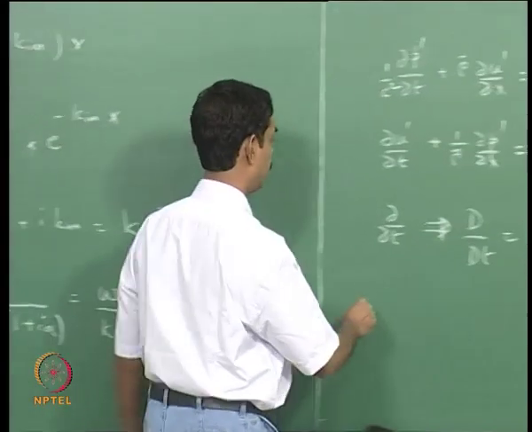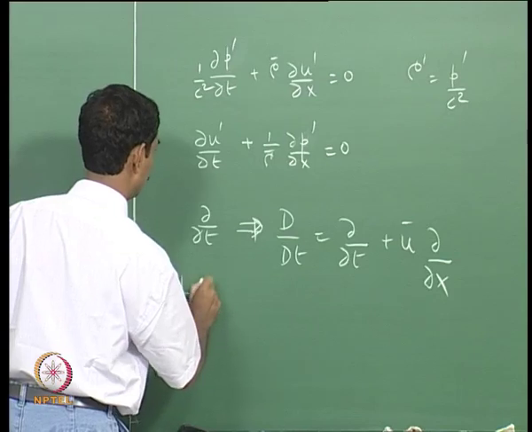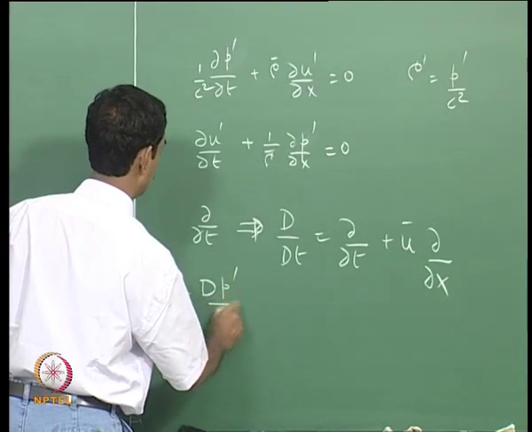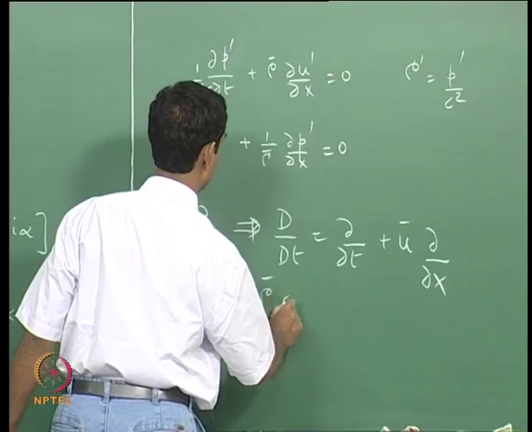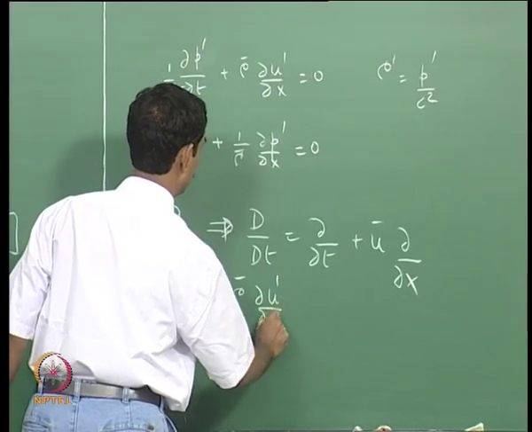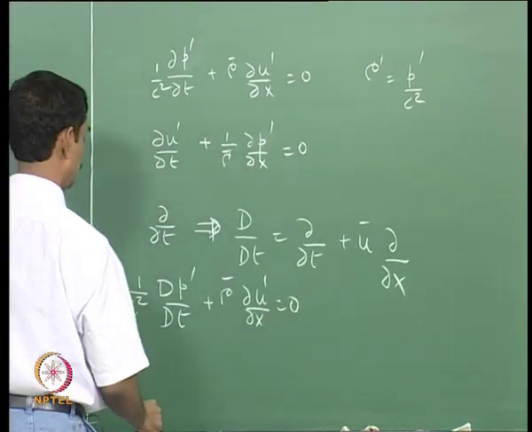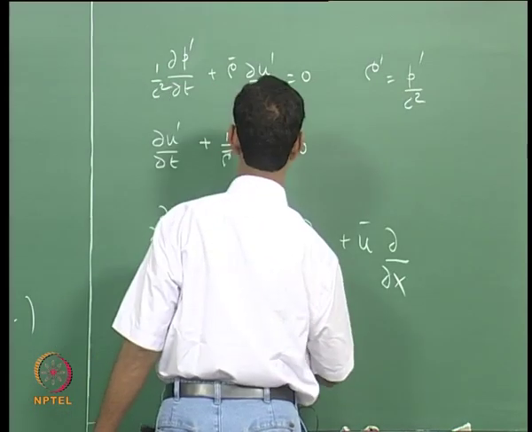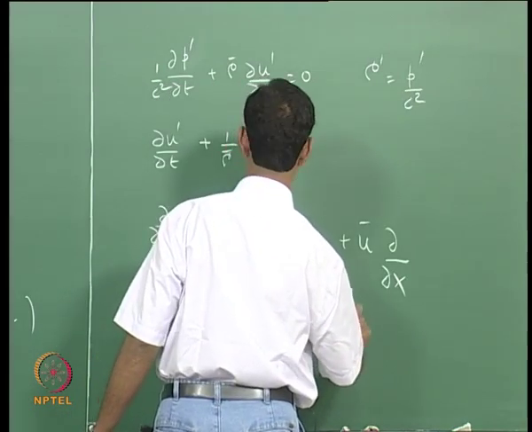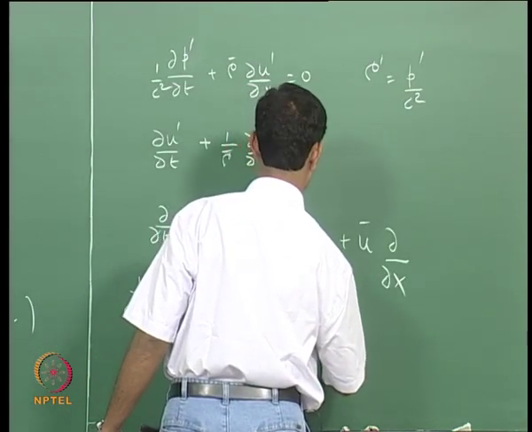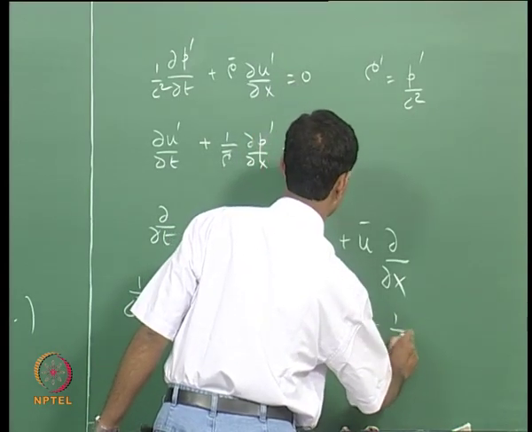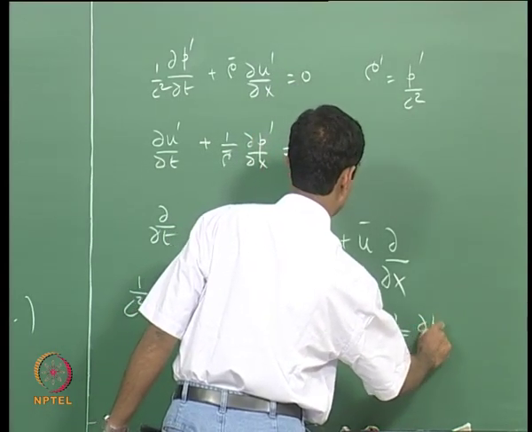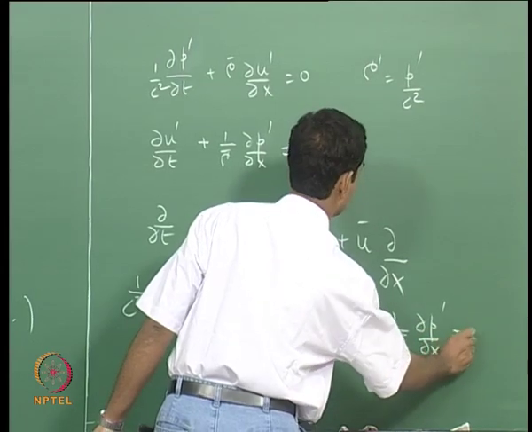So I will get two equations which are 1 over c squared dp prime by dt plus rho bar dou u prime by dou x equals 0, and the other equation would be du prime by dt plus 1 over rho bar dou p prime by dou x equal to 0.